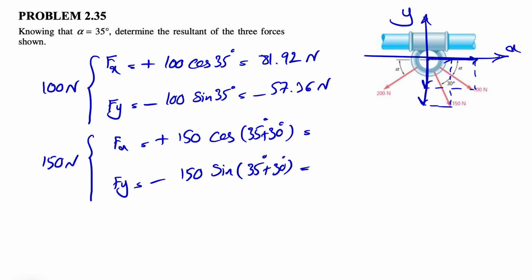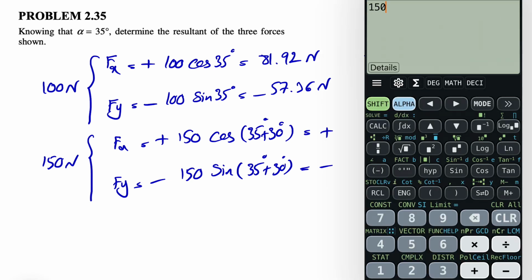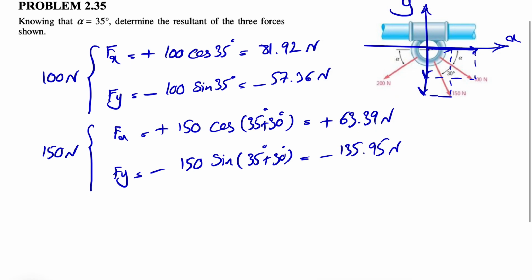So let's calculate each of these two. 150 cosine of 65 is going to be our x, 63.39, and our y would be 150 sine of 65, 135.95.